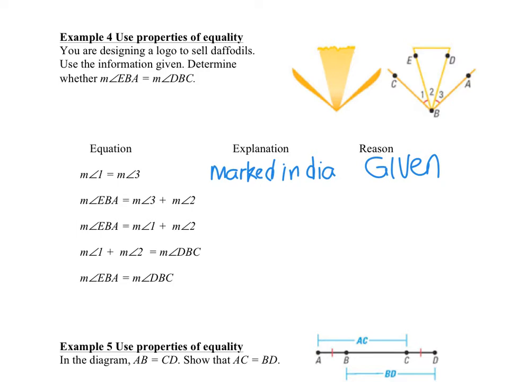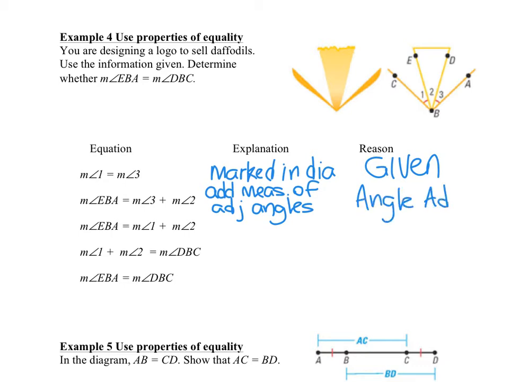And I have the measure of EBA equals angle 2 plus angle 3. Well, we're adding measures of adjacent angles. And if you recall, we did that. That was angle addition.